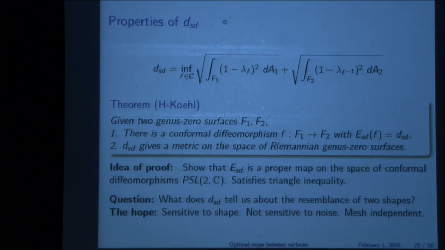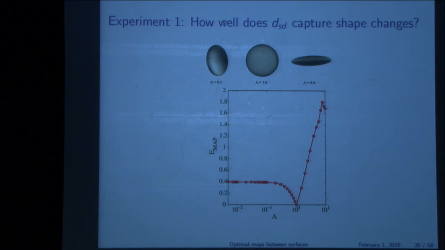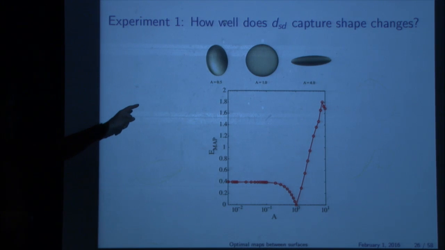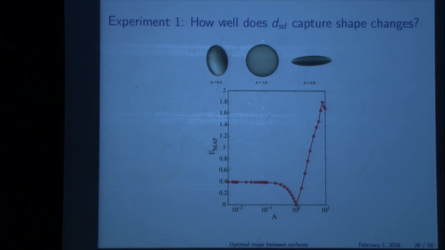It should be independent of how we represent the surface, as long as it respects the geometry of the surface. So I'll start by three mathematical experiments, and then I'll tell you about some biological experiments. So the three mathematical experiments. So this experiment says, what is the distance in this symmetric distortion metric? What is the distance to a round two-sphere?